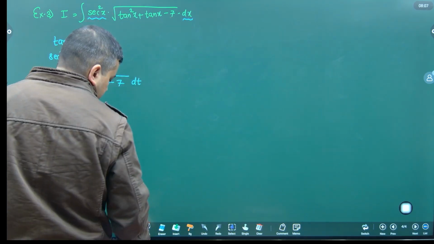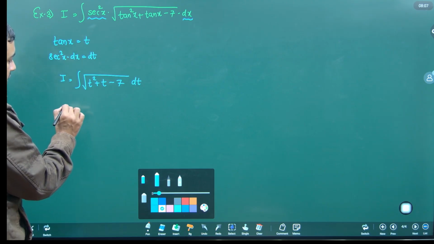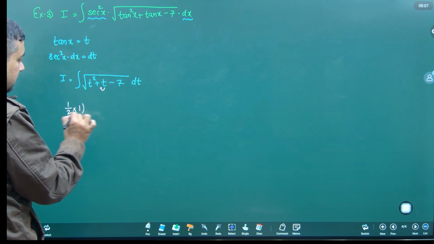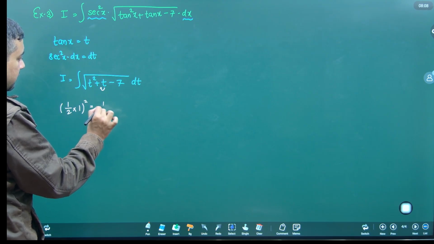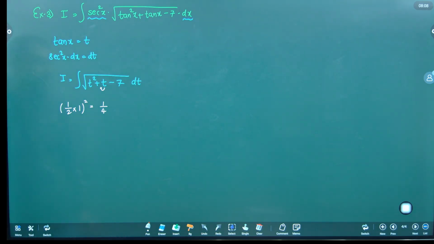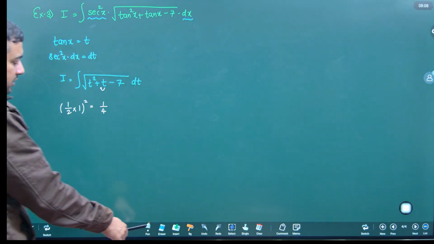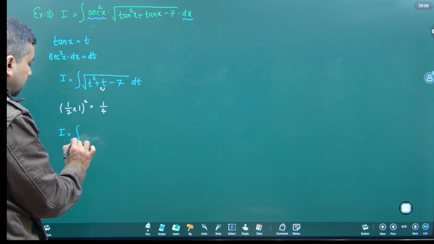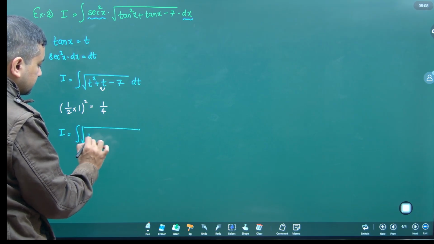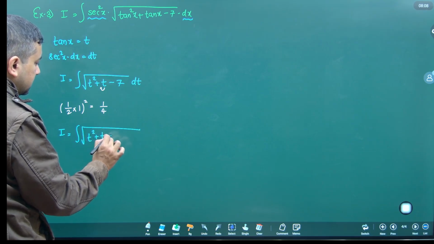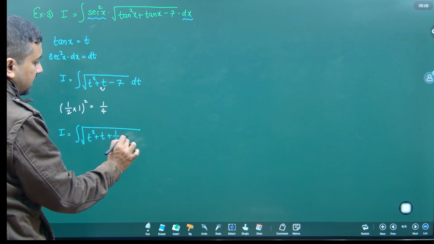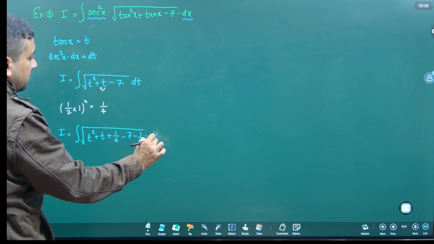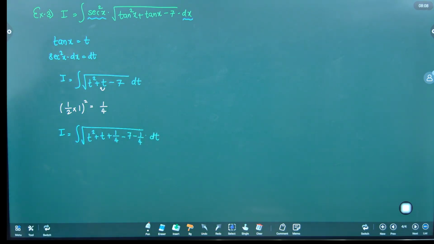For that, what is our methodology? 1 by 2 into the coefficient of t, squared. What is the coefficient of t here? 1. So we are going to add and subtract 1 by 4. So I will be equal to the integral of under root t square plus t plus 1 by 4 minus 7 minus 1 by 4, dt.